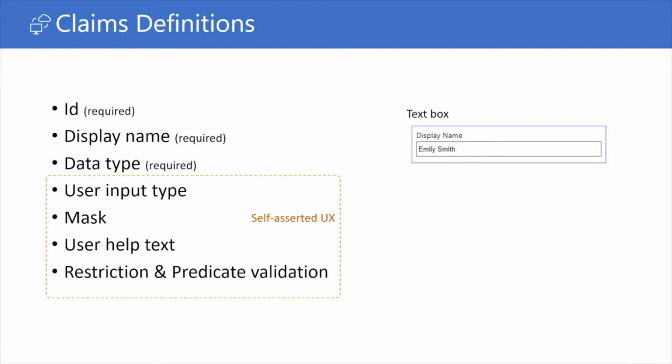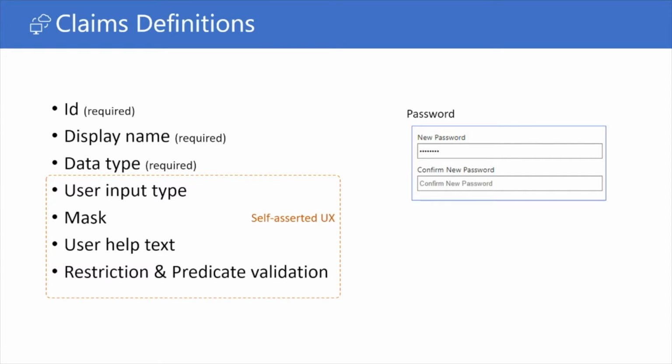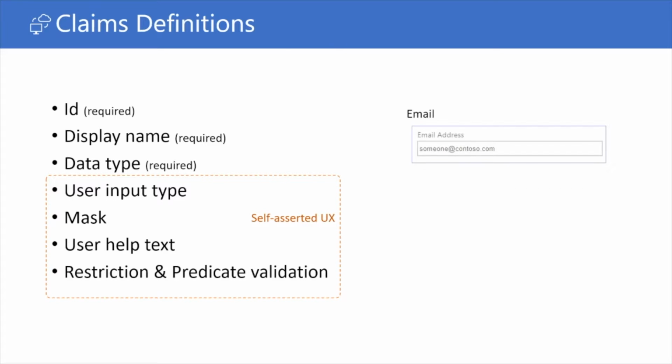There's a whole bunch of controls that you can select from that you can indicate will be used when this claim is displayed in the user interface. Among them, you can choose to have a claim represented as a text box. You can have a claim represented as a password, in which case the text that's entered is bulleted out as the user types it. Also, there's some special behavior attached to passwords.